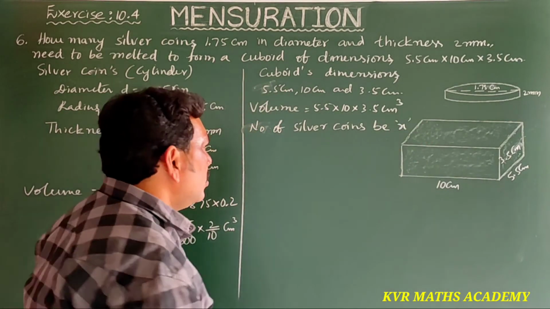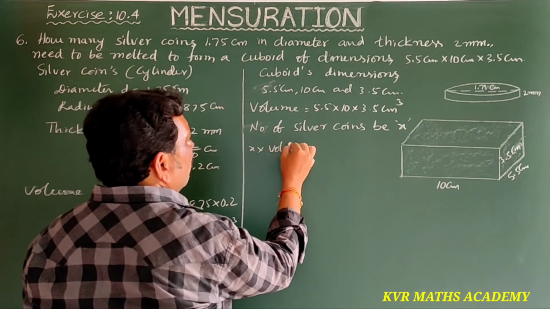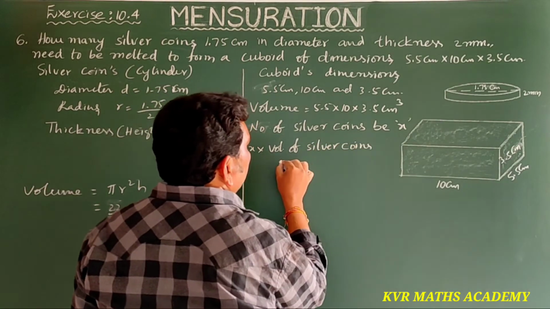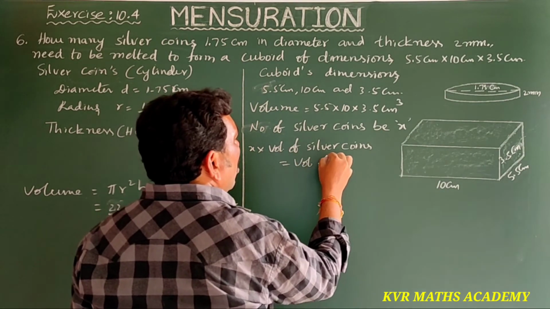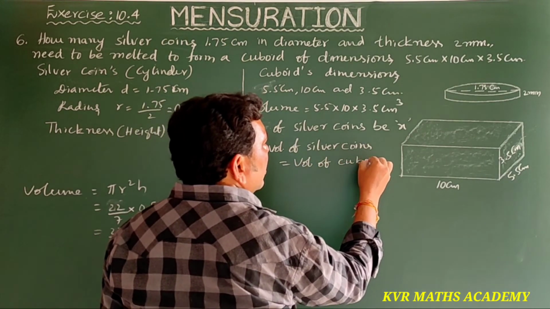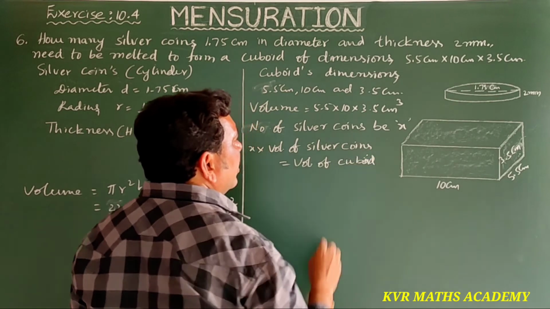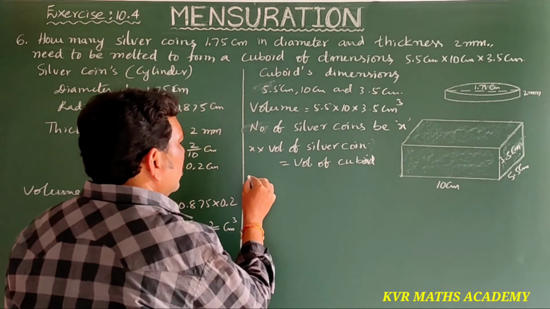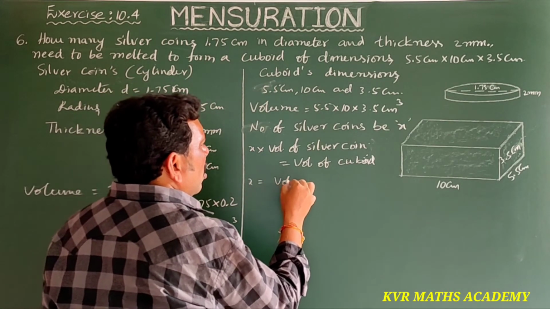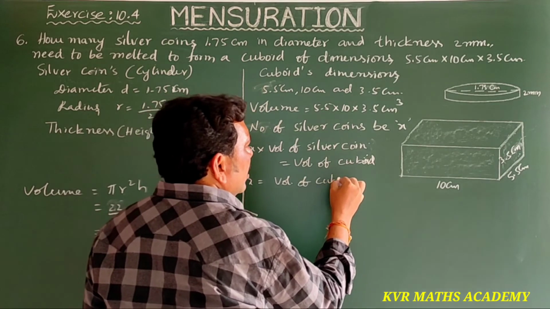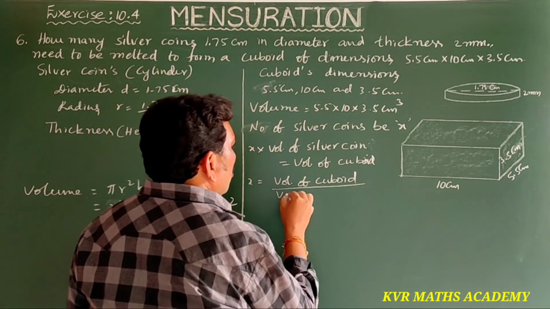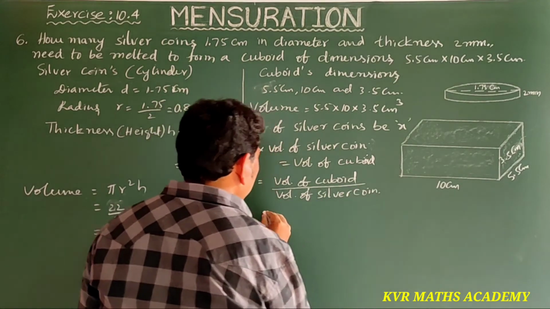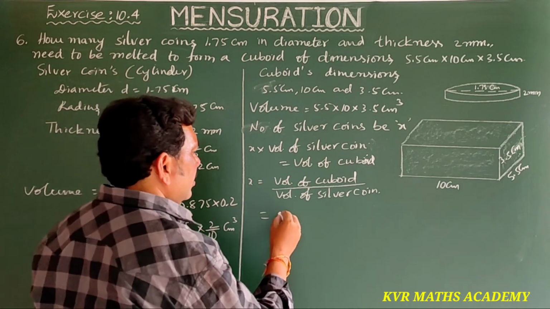So x into the volume of a silver coin is equal to the volume of the cuboid. So x is equal to the volume of the cuboid by the volume of the silver coin, right?